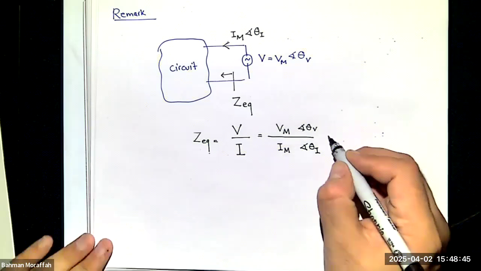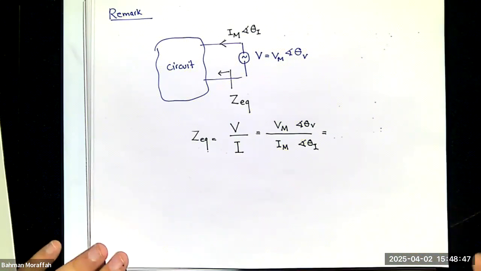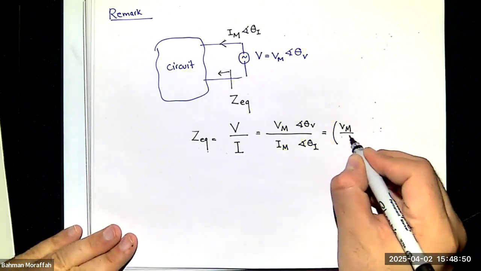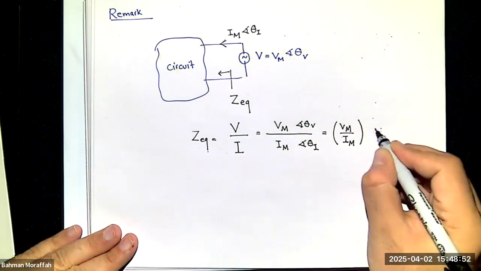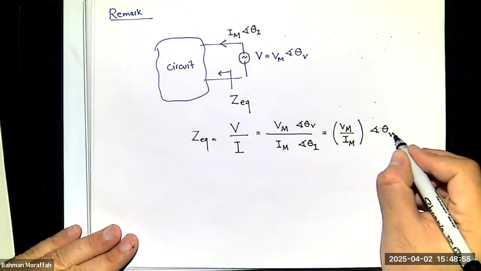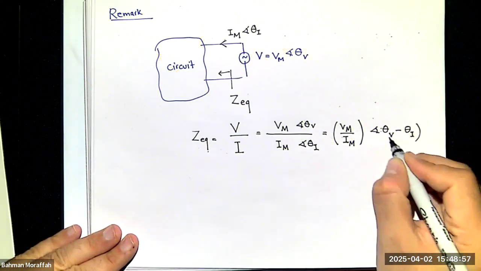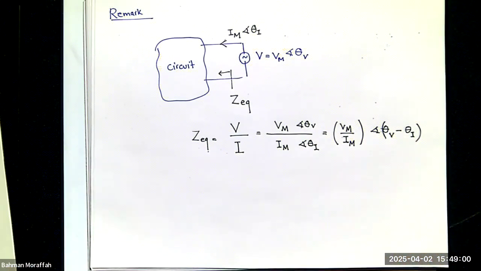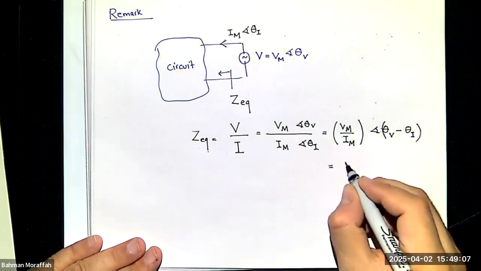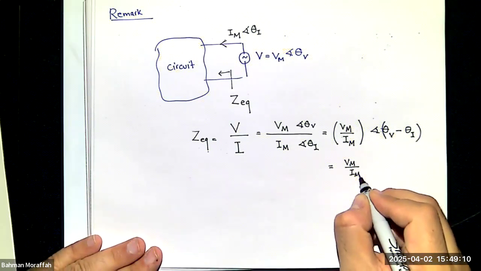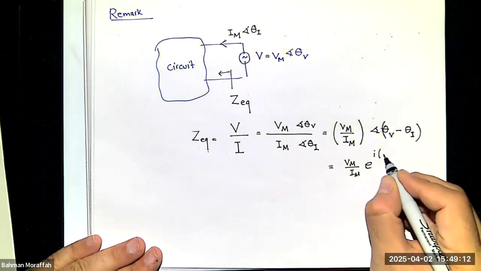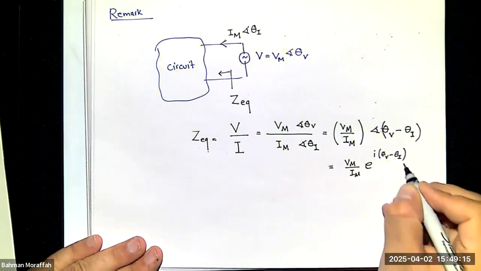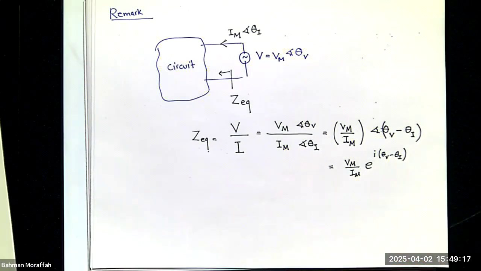So this division is basically Vm over Im, but the phase is theta V minus theta I. And remember, this is the same as Vm over Im e to the i (theta V minus theta I). We said these two are equivalent representations.